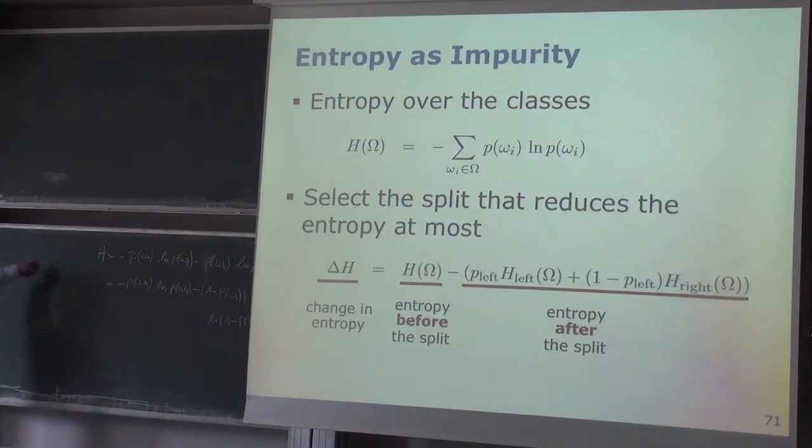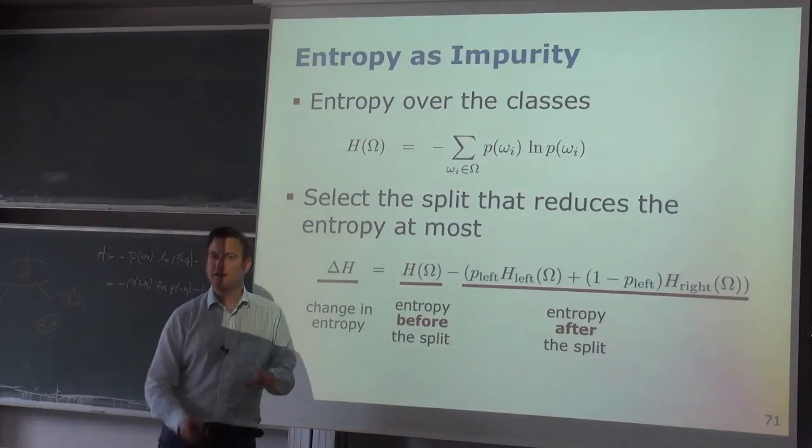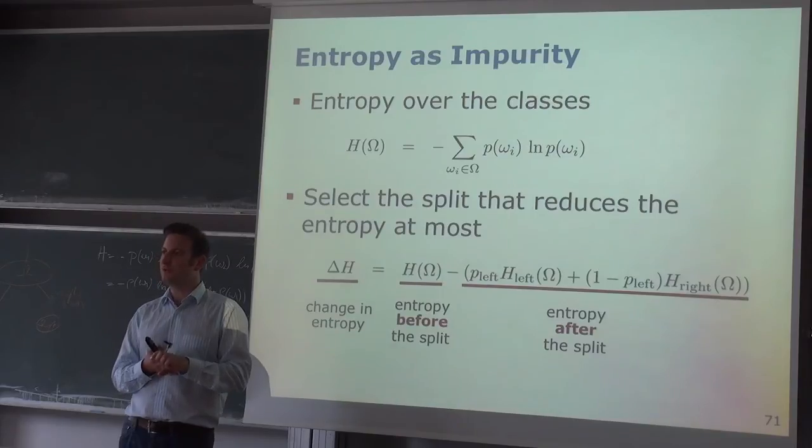So I say, okay, what do I have before? If I would stop here, and then I add those two guys and say, what's the impurity on the left and the right-hand side? And my hope is that the impurity is large in here, and afterwards is small. Okay? So is the idea clear on what we are trying to do with this strategy?